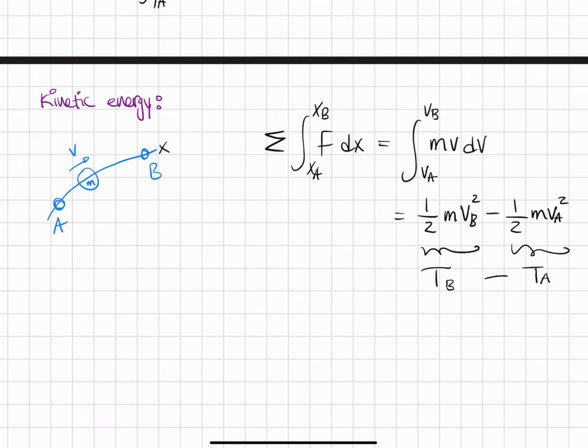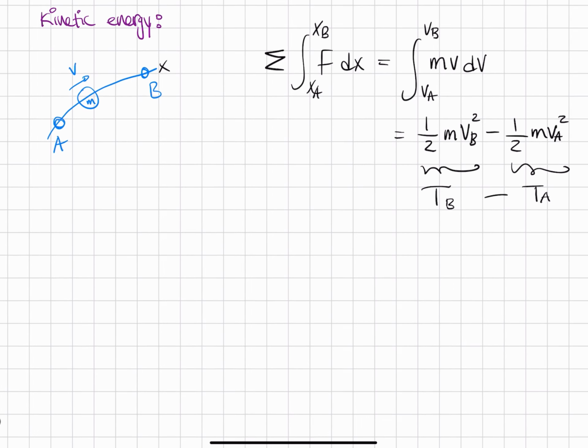So if I move things around, my energy and work equation is: whenever I start with some initial kinetic energy level, TA, then I have all this work that's done, UAB, and this whole thing gives me TB.